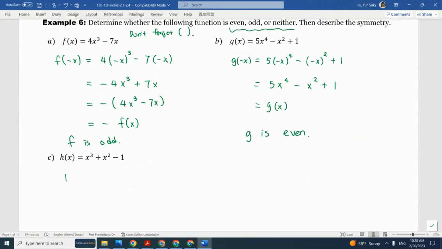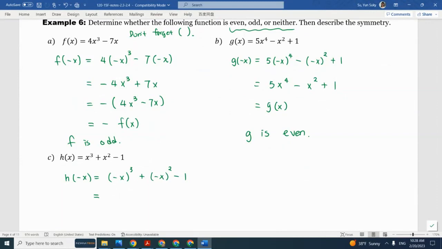Okay, we keep going. H. So h of negative x is replace x by negative x. So negative x cubed plus negative x squared, and then minus 1. What is negative x cubed?